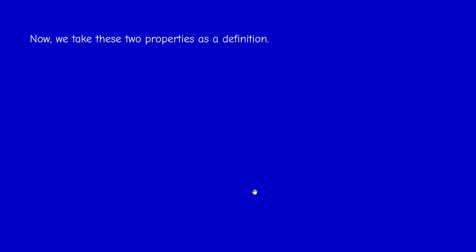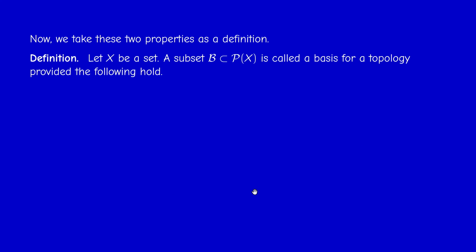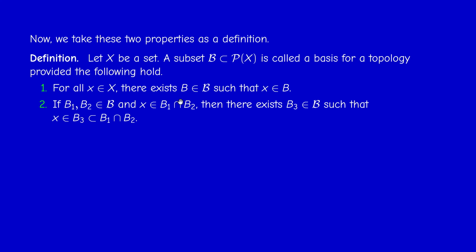Okay, and now we take these two properties as a definition. If you have a set X, a subset of P(X), a collection of subsets of X, it is called a basis for a topology if every element of X is contained in some basis element, and if you have a point in the intersection of two basis elements, then there is a third basis element containing X and contained in the intersection.